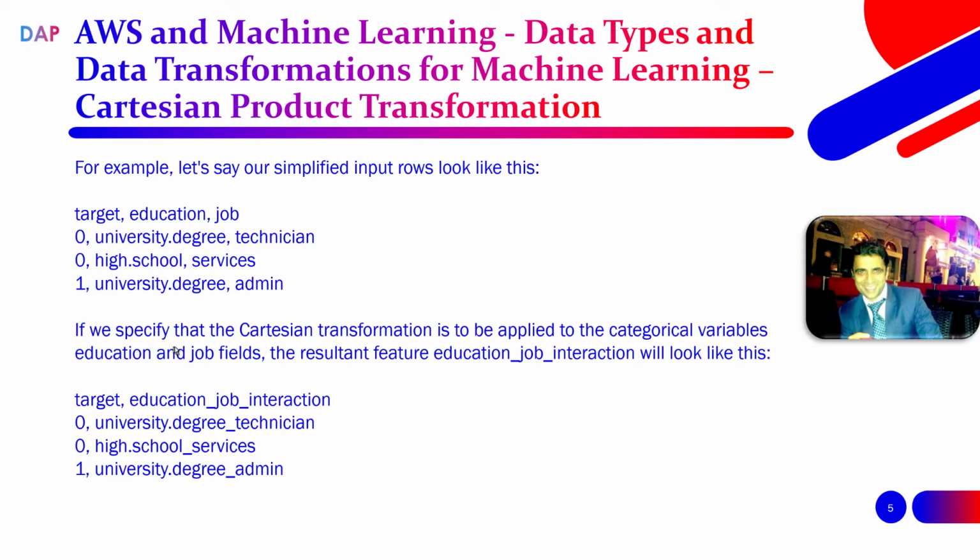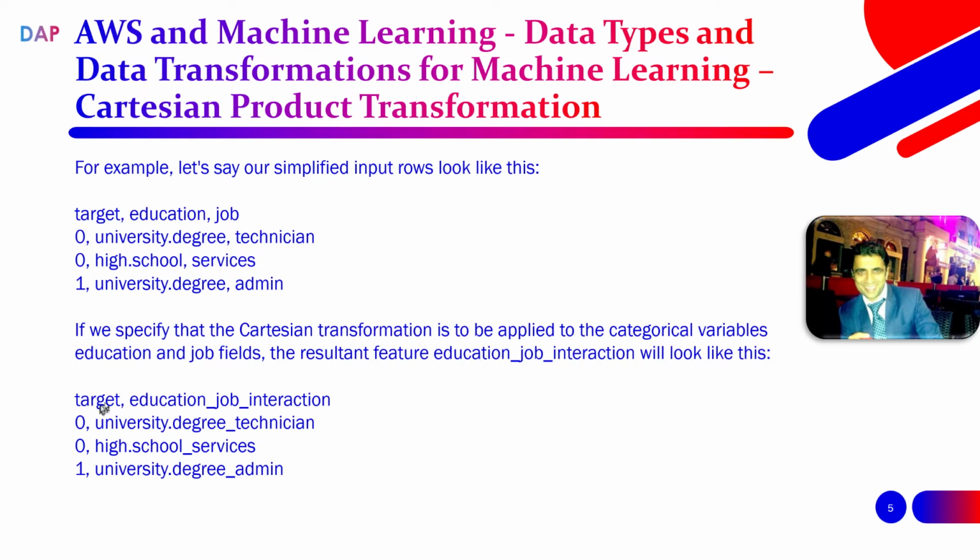Now if we specify that the Cartesian transformation is to be applied to the categorical variables education and job fields, the resultant feature is education_job. So if we combine these two features under interaction, since we're trying to capture the interaction, it will look like this.